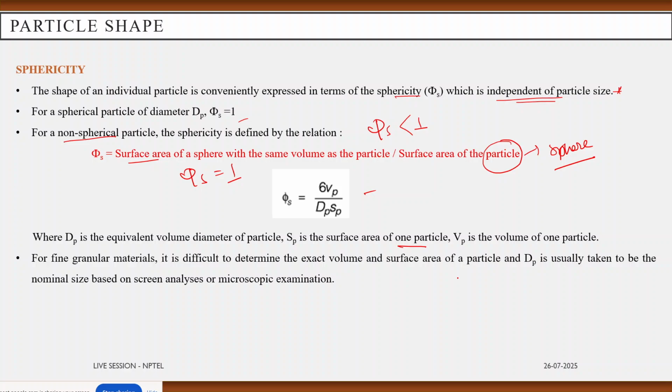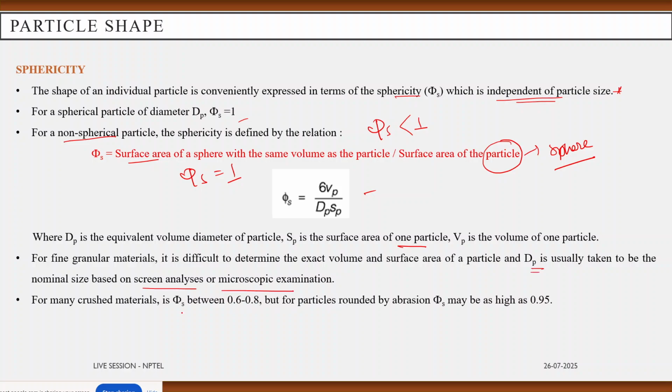In that case, the equivalent diameter dp is taken to be the nominal size based upon screen analysis or microscopic examination. For many crushed materials, the sphericity lies between 0.6 and 0.8, and for particles rounded by abrasion, the sphericity may be as high as 0.95. So the sphericity of any particle other than a sphere is always less than 1.